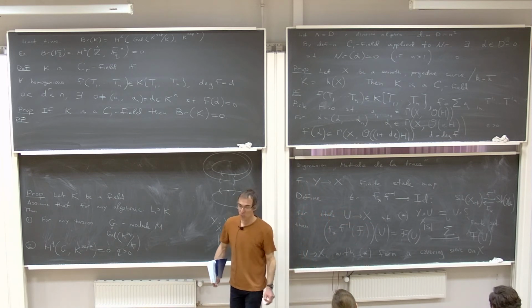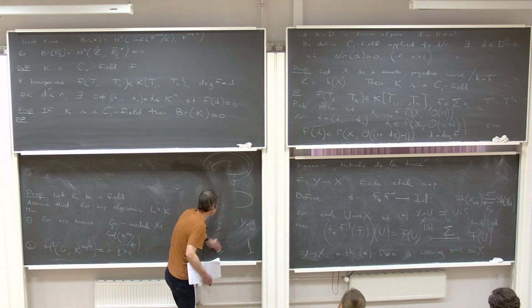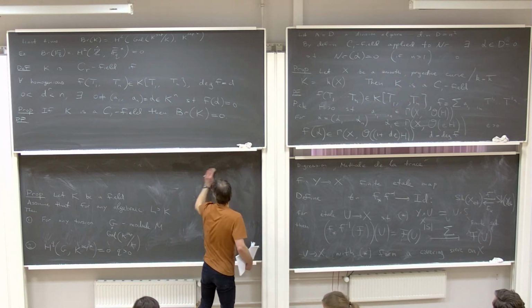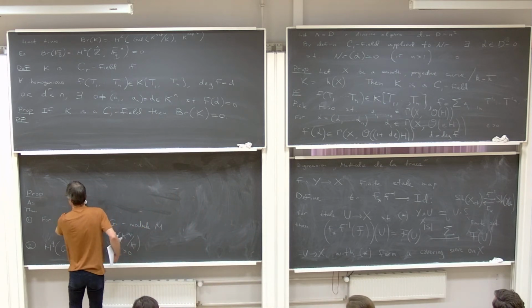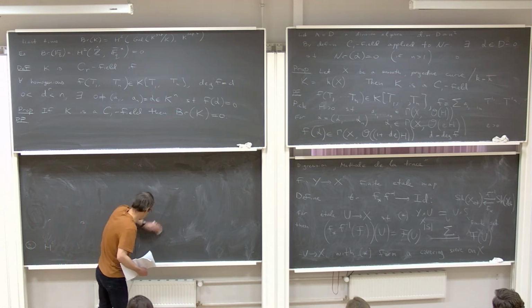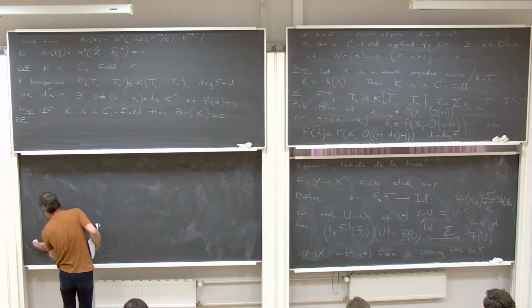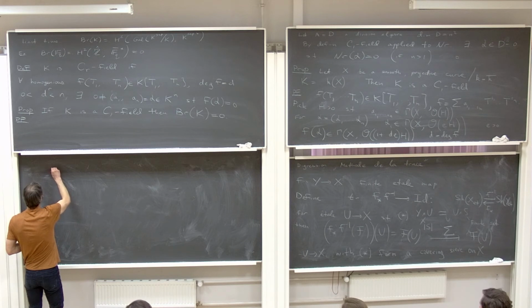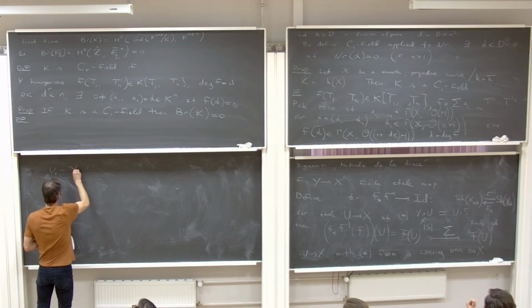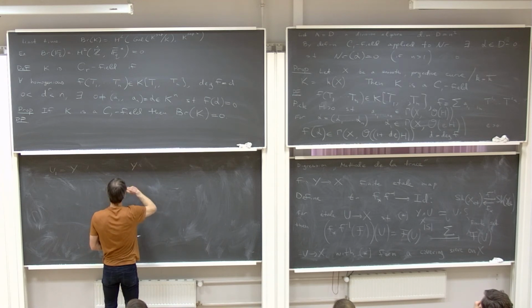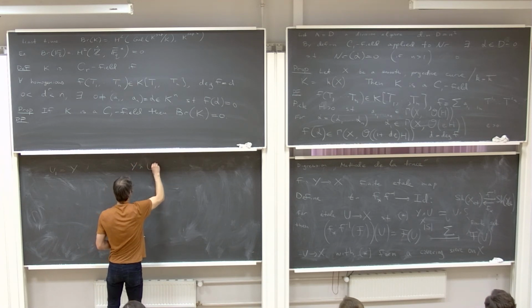So let's construct a U such that the map from U to X is surjective. I will construct it by induction. I will first take U1 equal to Y. Then I pull back my cover to U1.